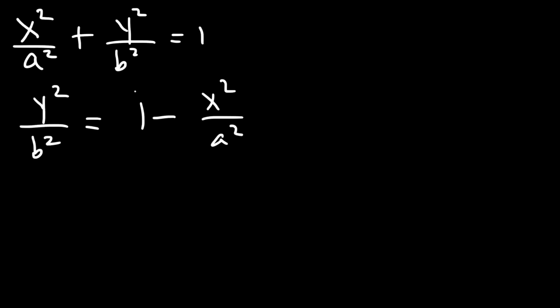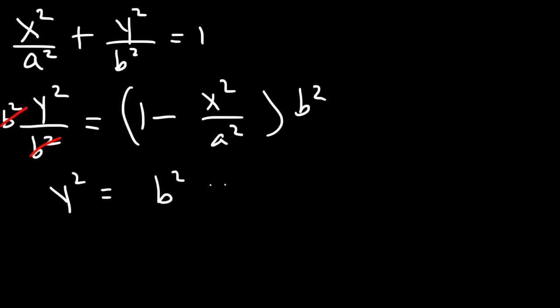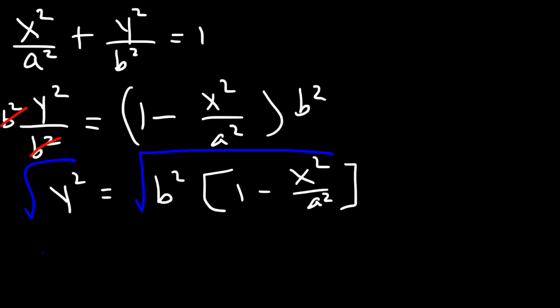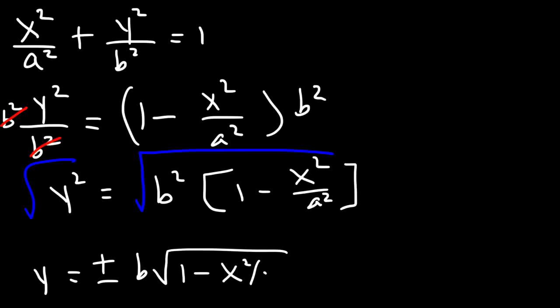And now I'm going to multiply both sides by b squared. Next, I'm going to take the square root of both sides. The square root of b squared is b. So this is what I now have.